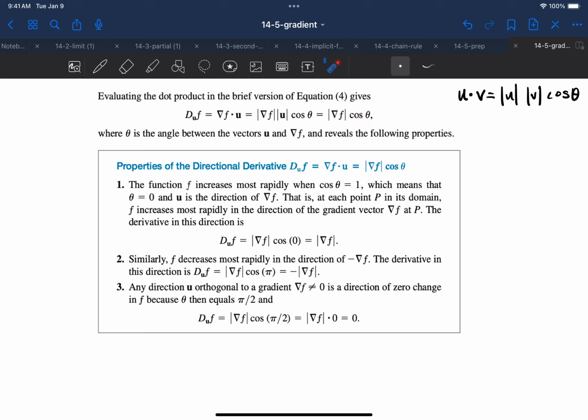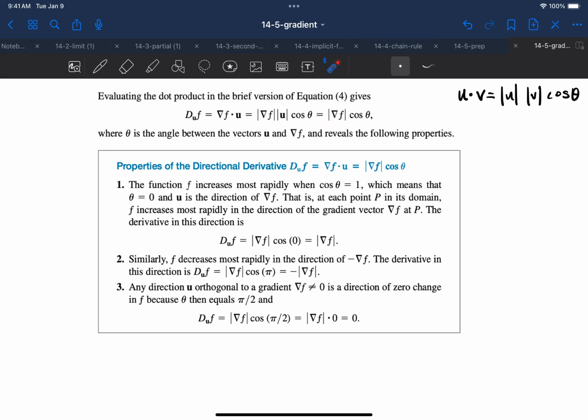All right, what does it mean? We are going to analyze three special cases. Now suppose you want to go as fast as possible to the peak of the mountain. Then you're looking for the direction to move as fast as you can. This is the rate of change, and you want to increase it as much as you can. In what direction do you want to go?